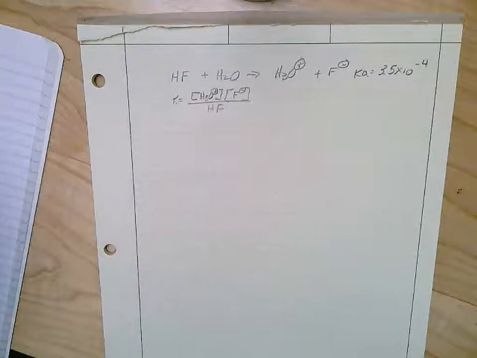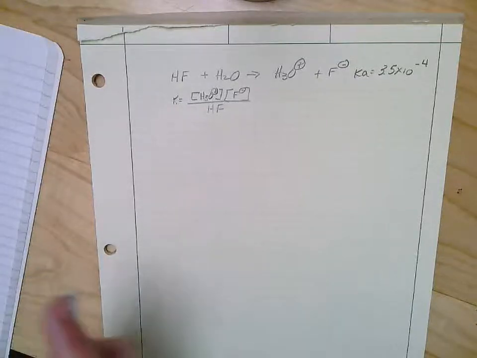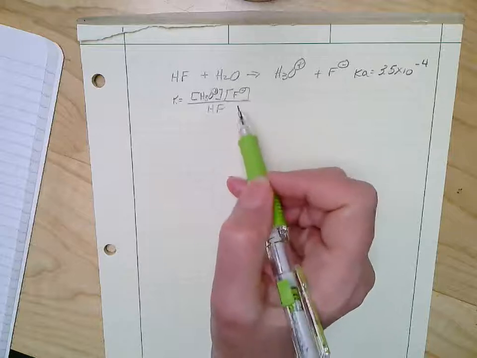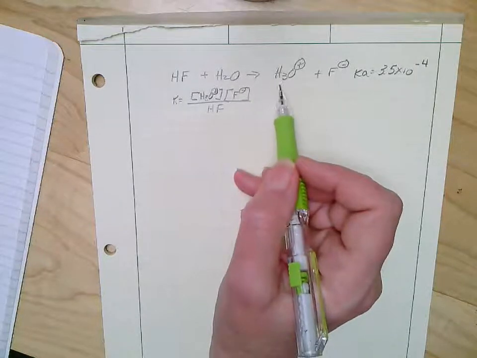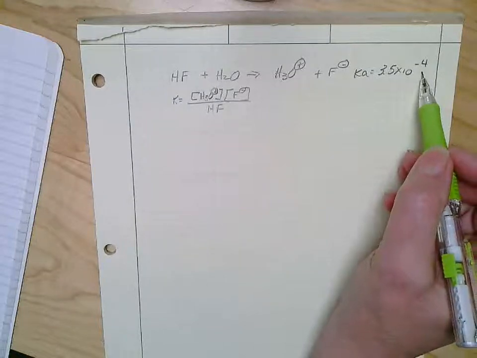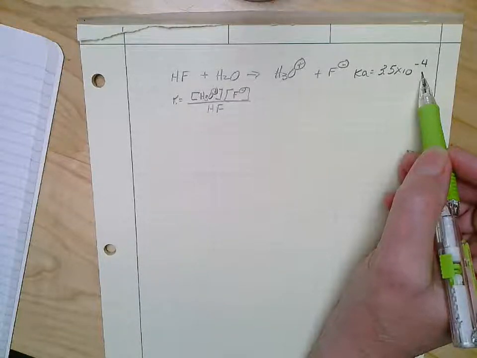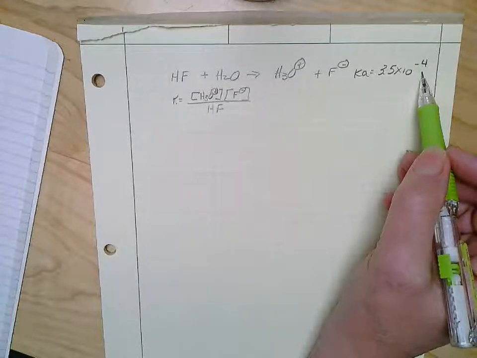So I know that I'm going to have to concern myself with the concentration from the autoionization of water, because this Ka is pretty small and we're going from some very small concentrations of HF to a fairly high concentration.